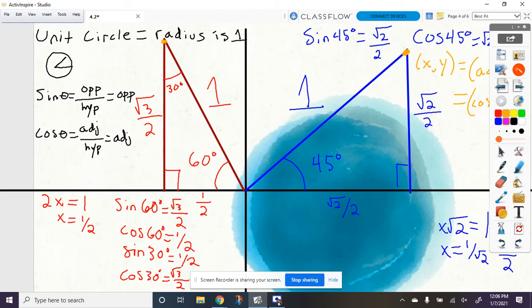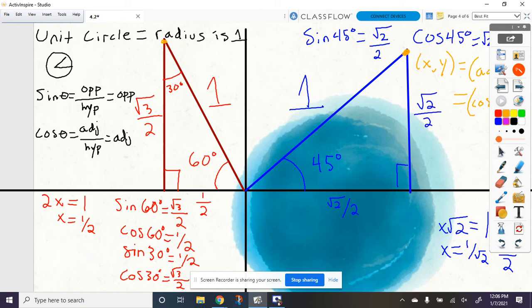remaining coordinates. So notice that here I drew my first triangle in my quadrant 1. I drew my second triangle in my quadrant 2, right? But even if I were to reflect this triangle over, it's still the same triangle. All my lengths and my angles stay the same. Does that make sense? So it doesn't matter what quadrant we're in as far as how we draw the triangle.